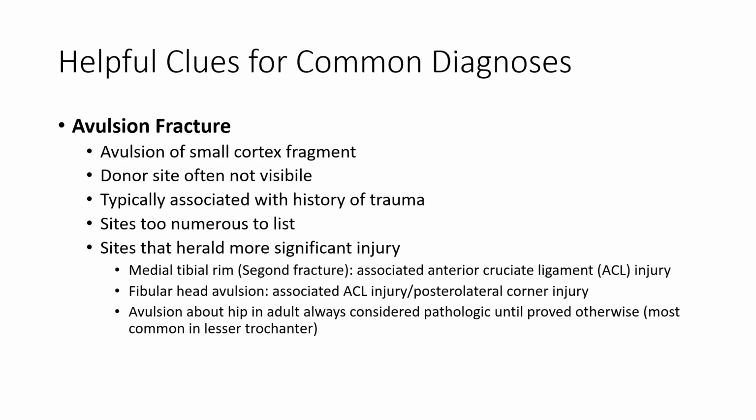A lateral tibial rim fracture, the Segond fracture, is associated with anterior cruciate ligament (ACL) injury. Fibular head avulsion is associated with ACL injury and posterolateral corner injury. Avulsion about the hip in an adult should always be considered pathologic until proved otherwise. The most common is the lesser trochanter.